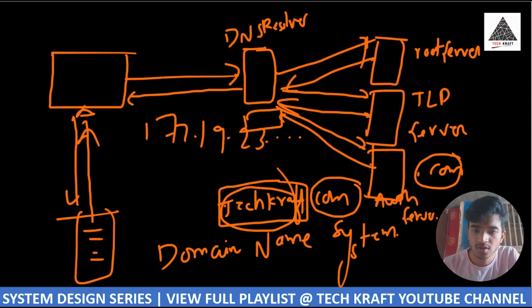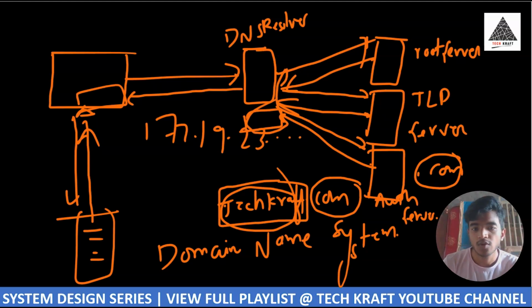Now the system will store the IP address of this web server in its own cache. Every system has its own cache. What happens if you clear your system cache? Again, the IP address will be available in the DNS resolver cache, so there is no issue.